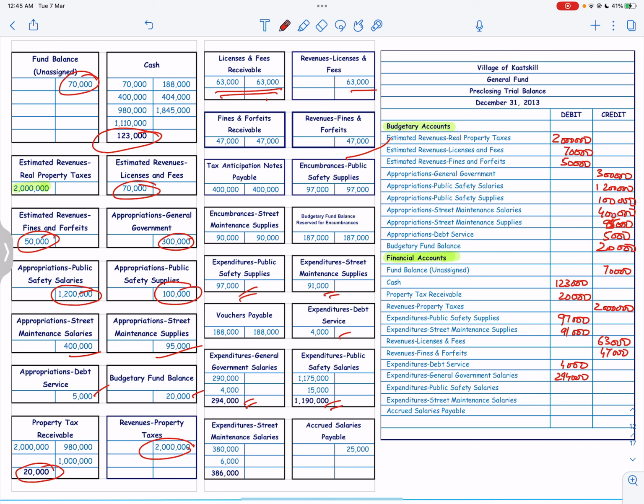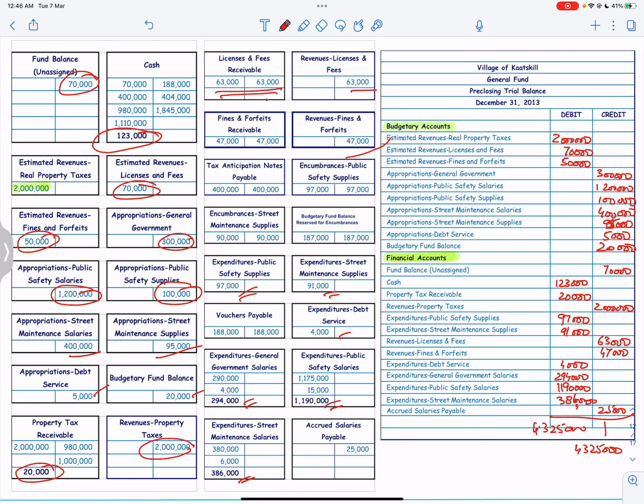Then we have expenditures public safety salaries 1,190,000. Then we have expenditures maintenance salaries 386,000. Then we have accrued salaries payable 25,000, and the total will be 4,325,000 for debit and credit.